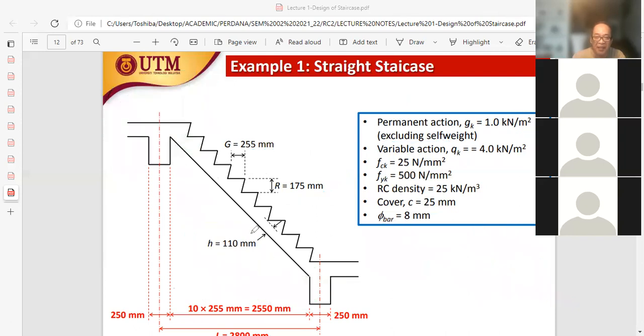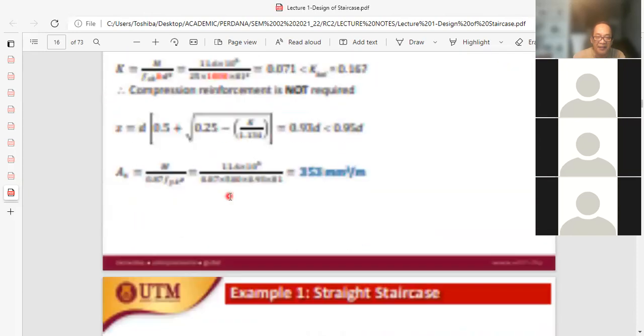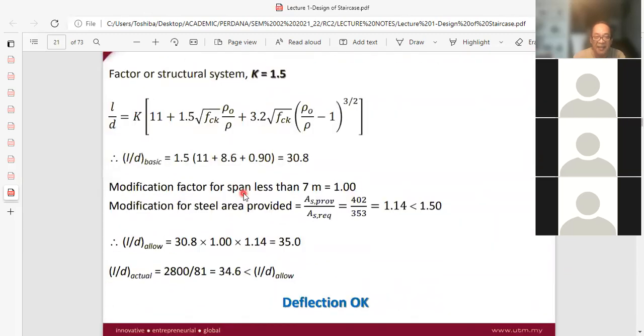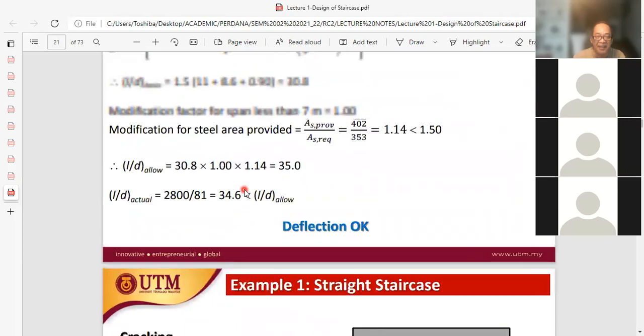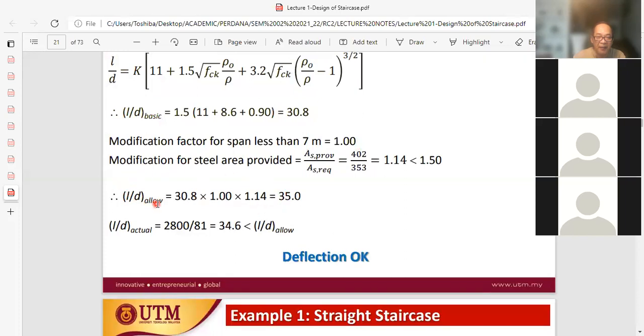Kalau let's say if you are using 110, for this example, we are using 110. Kalau saya jump ke the actual deflection check yang sebenar, what we have found out from this solution is that the allowable L over D is 35, whereas the actual L over D is 34.6.